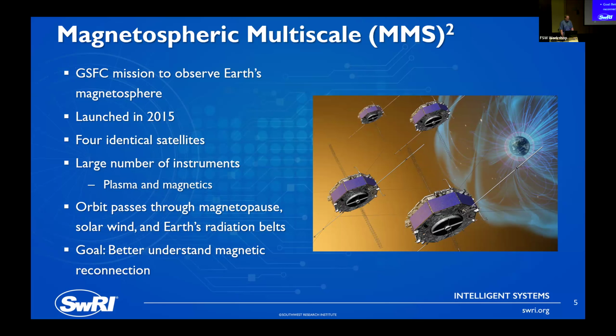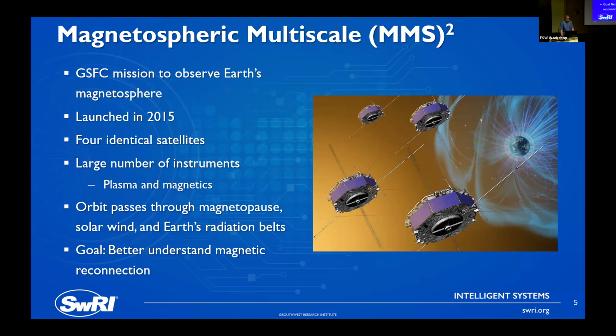If you were at the dinner or the lunch yesterday, these spacecraft are round, but they're about the size of the tables that we had at dinner yesterday. It launched back in 2015, so now we're getting into the 10th year of the project, and it's been going very successfully.